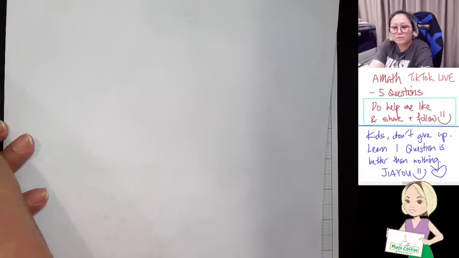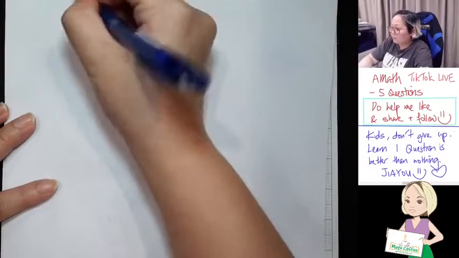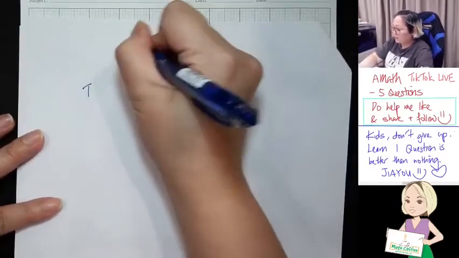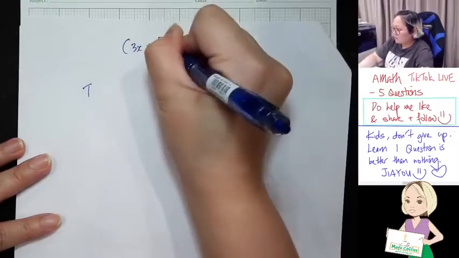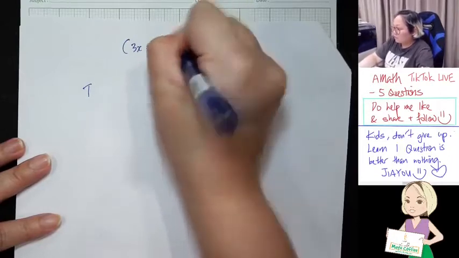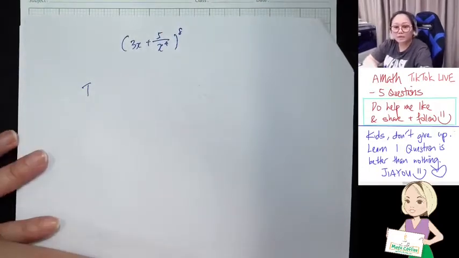Oh, good. Okay. The general term is the one like, let's say I want to find, okay, let's just randomly put something. Let's say, for example, (3x plus 5 over x^4) to the power of 8. I just put it anyhow.